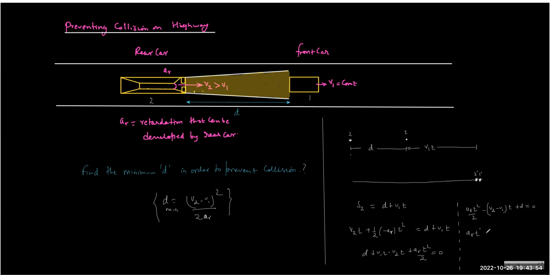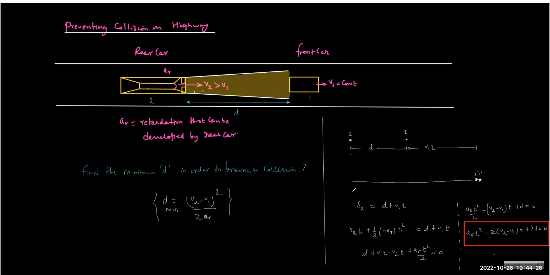So I can take LCM: a_r t square minus 2(v2 minus v1) t plus 2d. And what is this? A quadratic in time t. So if we assume that after time t they meet, this is the quadratic we are getting. So this is the condition of meeting.